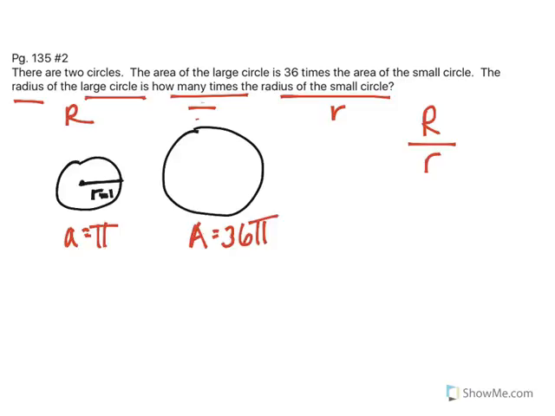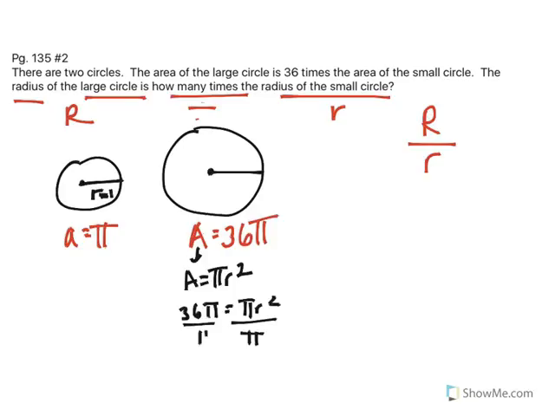Therefore, we need to go back to our circles and solve for their radius. We have the radius of the first circle. We need to find the radius of the second circle. Area equals pi r squared. So this can be substituted in here, and we get 36 pi equals pi r squared. We want to get r by itself.